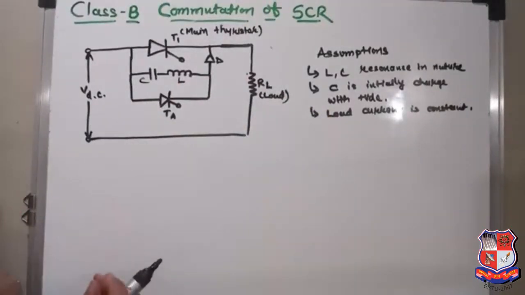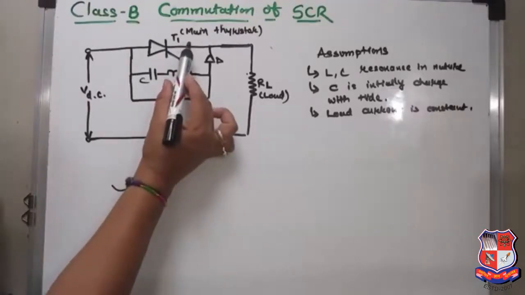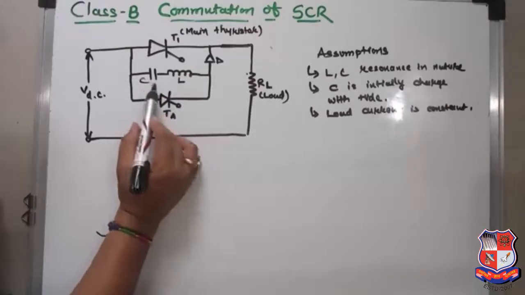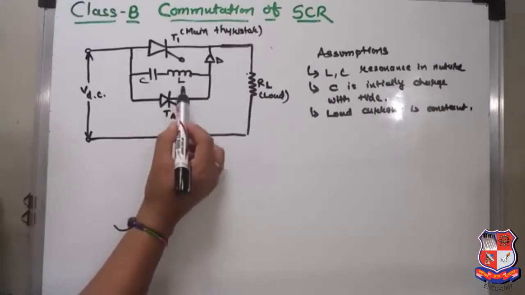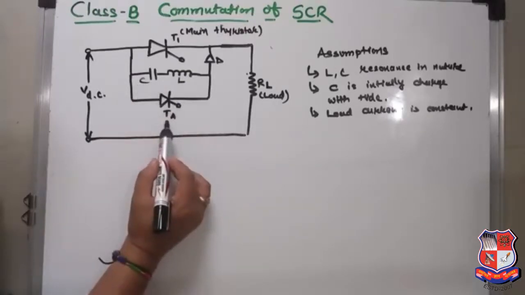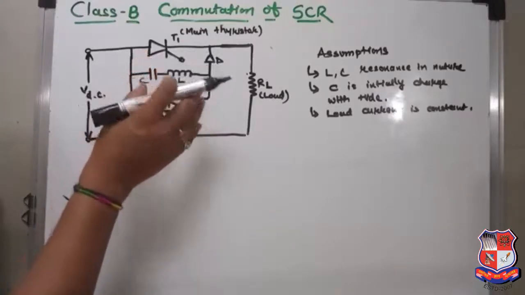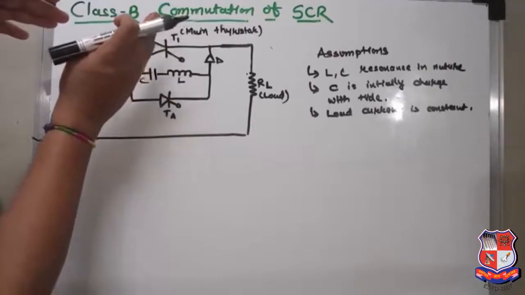Now let's understand the different stages of this class B commutation circuit. See here T1 is the main thyristor, which is required to be turned off. Here L, C and TA form the commutating circuit, meaning inductor L, capacitor C and auxiliary thyristor TA form the circuit which turns off the main thyristor T1.